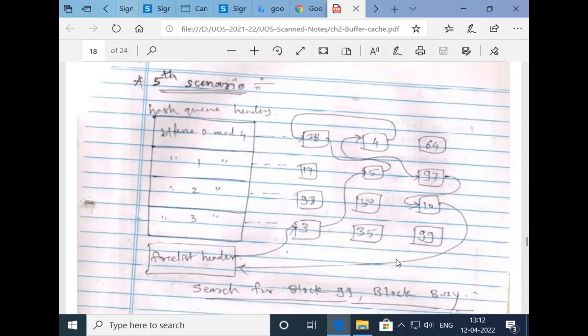Is it over? Diagram. Yes, diagram is over.